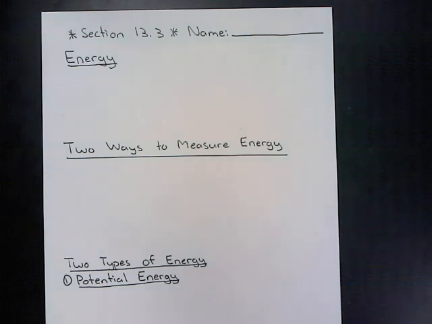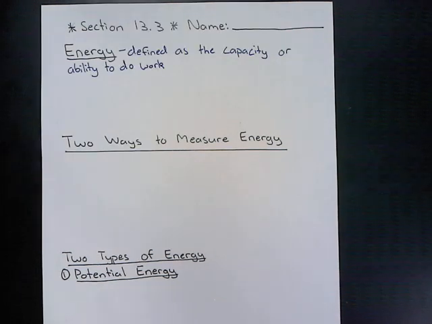All right, so we start out here with energy. And energy is defined as the capacity or ability to do work. So I'll write this down. A couple of things about energy.